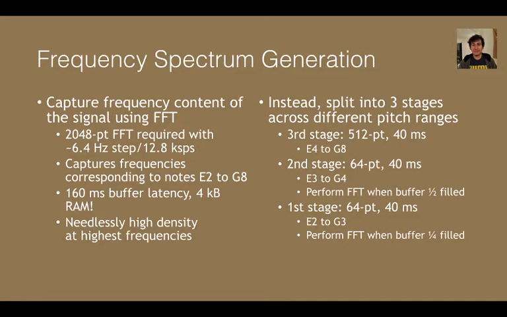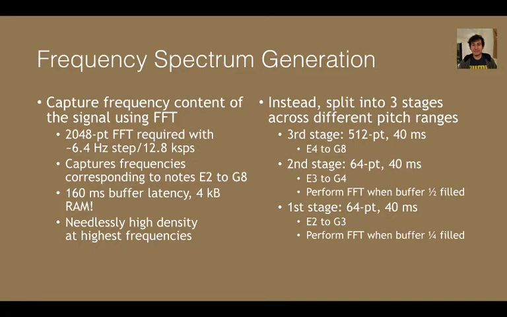And the problem with those numbers, first, for the buffer latency, this is how long it takes for one sample buffer to be completely filled. In order to do the 2048 point fast Fourier transform, we need 2048 points, and it takes 160 milliseconds to collect that many points.